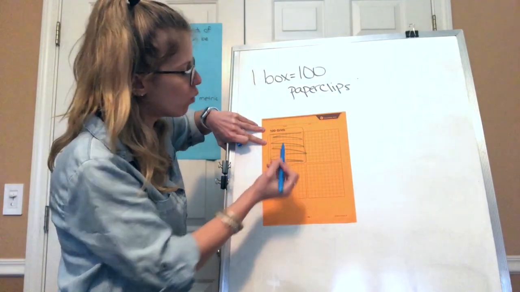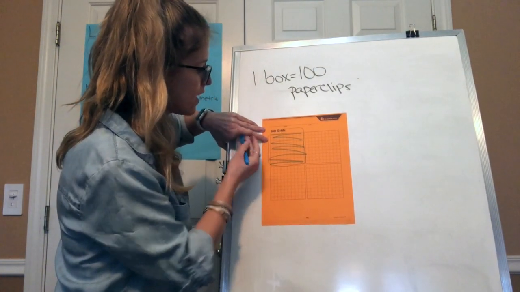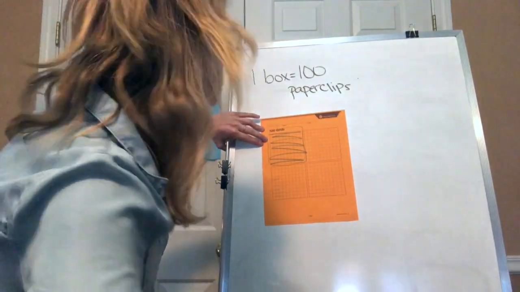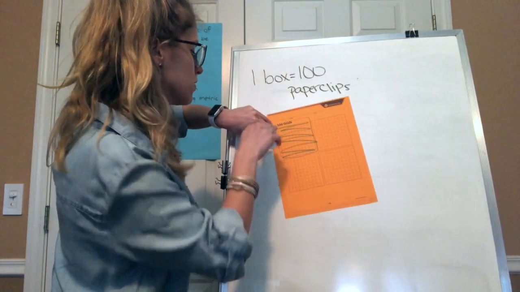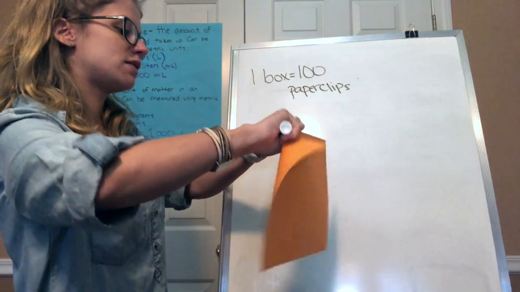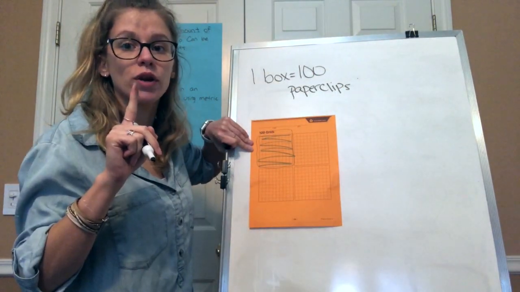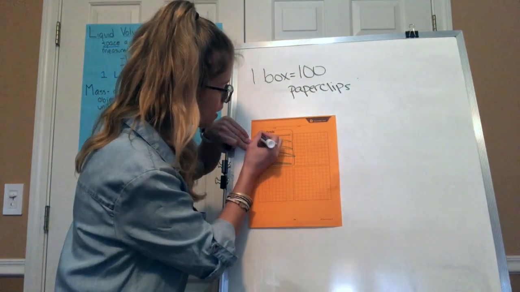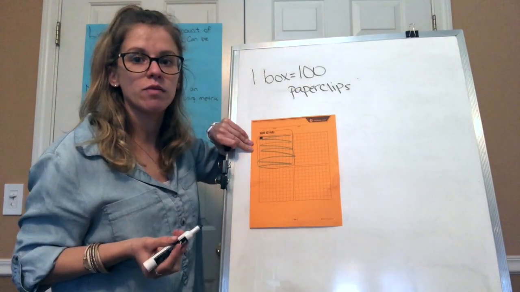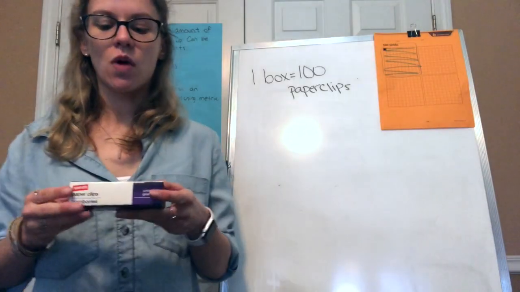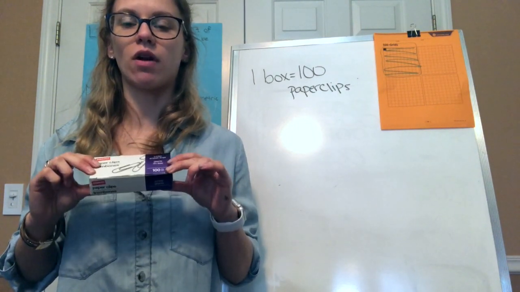So if we have 100 grid, that means that inside each box shows one paper clip. So when you're using your 100 grids, think of one whole grid as one box of 100 paper clips, and then each cube as one paper clip. So I want you to think about if I had 2 boxes of paper clips.